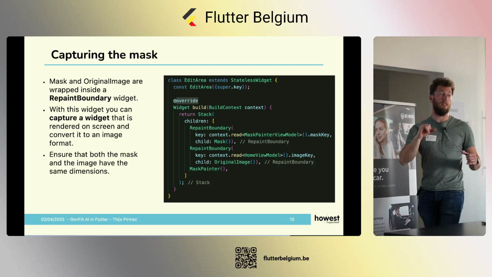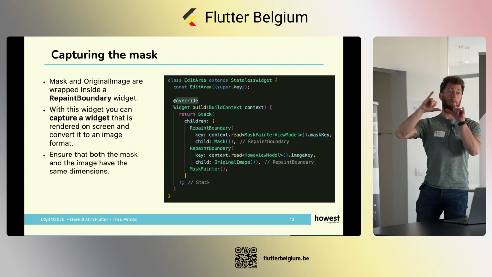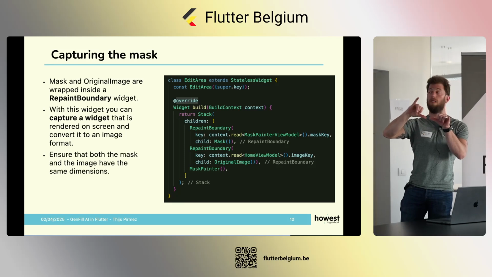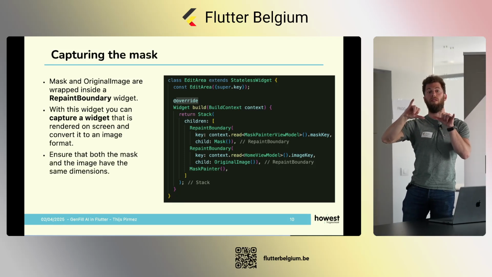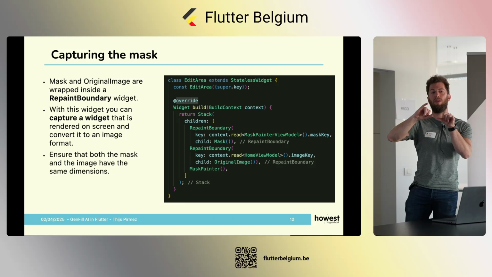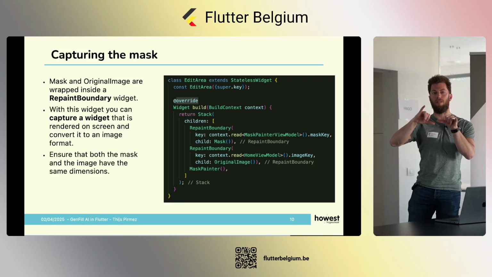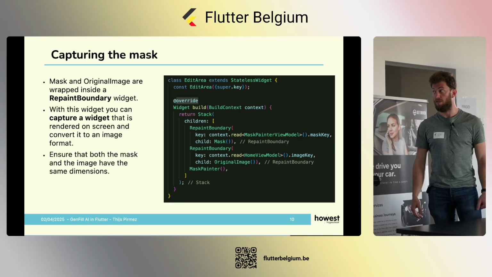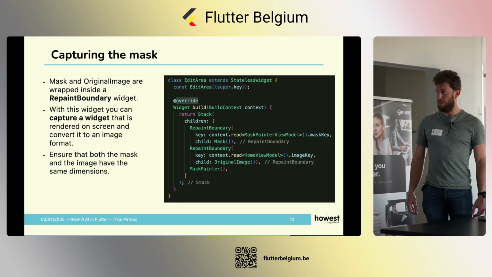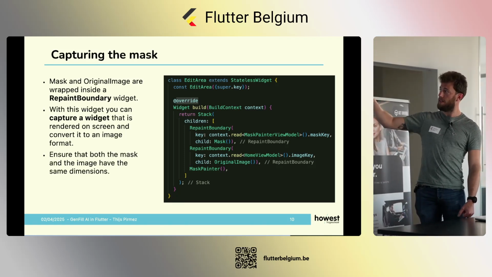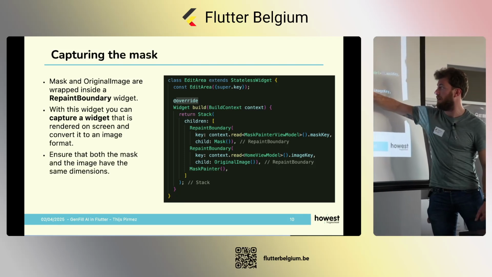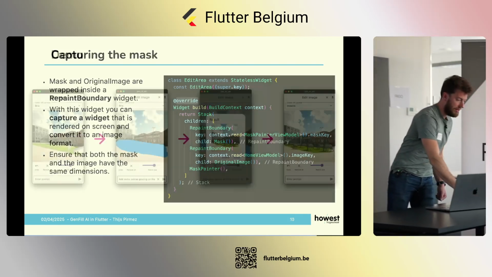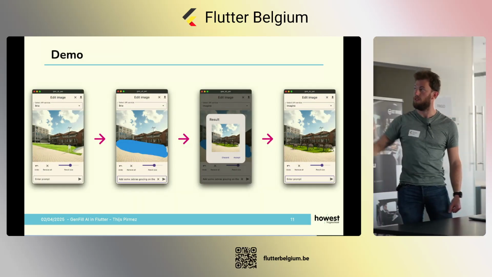I made sure that the image height and width match the mask's height and width, because if you give different sizes to the image and the mask, your results won't be as good, or you might even get an exception from your endpoint. Not sure what will happen then. But after that, we have our mask and our original image, we can send that to the API, and then we can have some results.